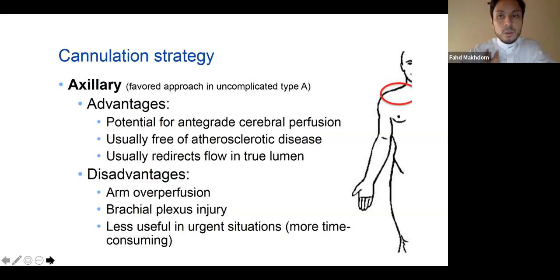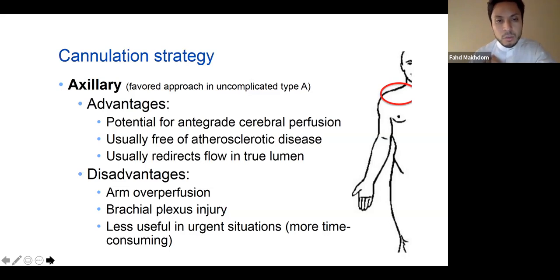So you can either do infraclavicular, where your incision is in the middle third of the infraclavicular area, 1 centimeter below the clavicle. Or there's another approach, which is the deltopectoral groove, a more lateral approach.